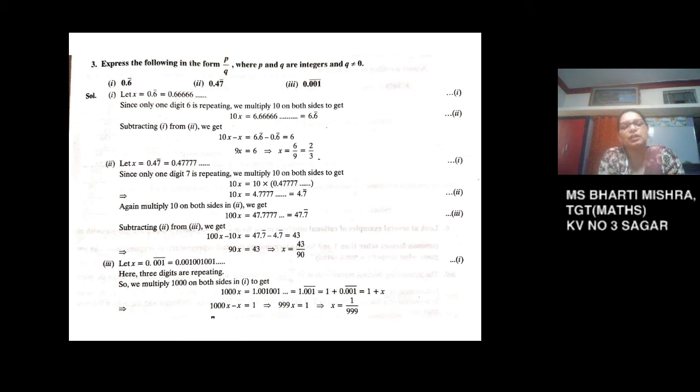Now coming to the second question, let x is equal to 0.47 bar. See here, in 47, only 7 has got a bar above it. That means 7 is repeated again and again. So first we want to move the decimal point one place in the right direction, so we multiply by 10.